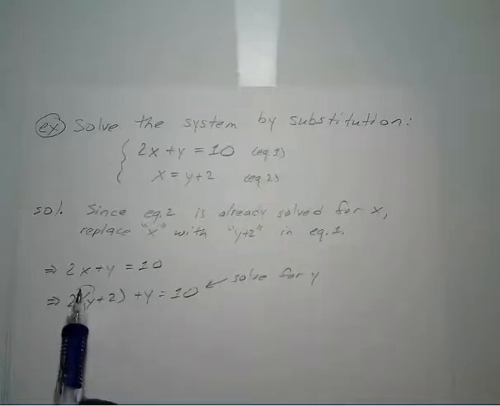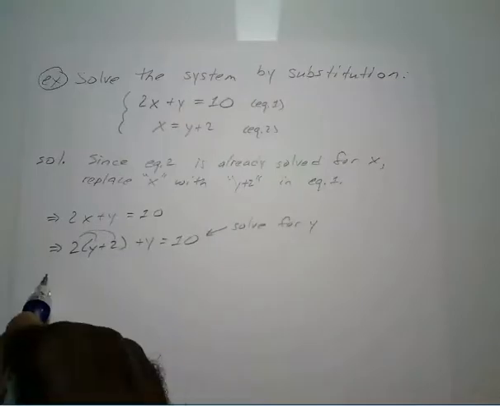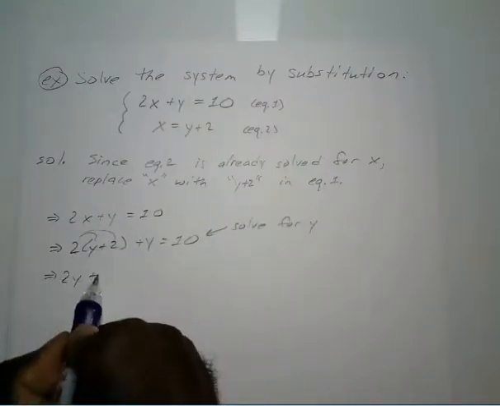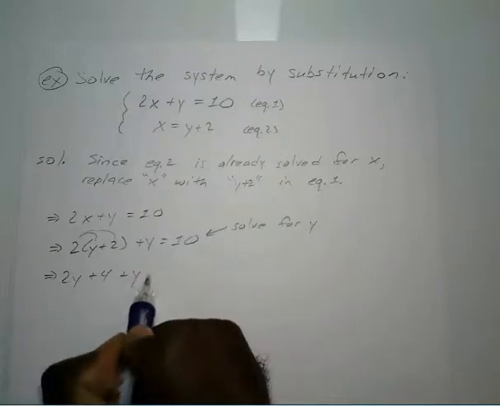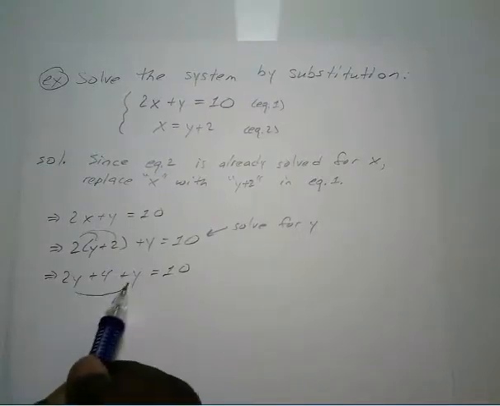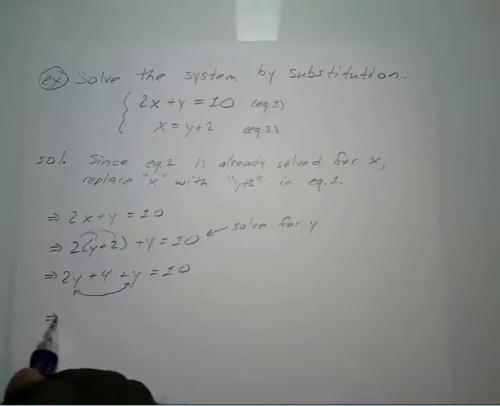Okay, so we distribute that 2. So we have 2y plus 2 times 2 is 4, plus y equals 10. Now we combine our like terms. 2y plus y gives us 3y.